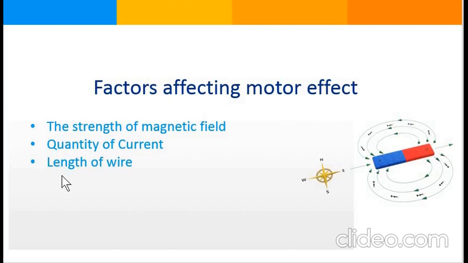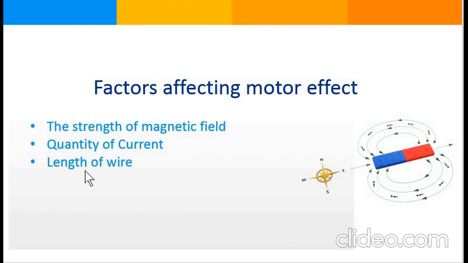And the last one is the length of wire, which is not so obvious, but yes, the length of wire is also one of the factors on which the motor effect depends, because if you increase the length of wire, of course the more length of wire is going to experience more force, right?